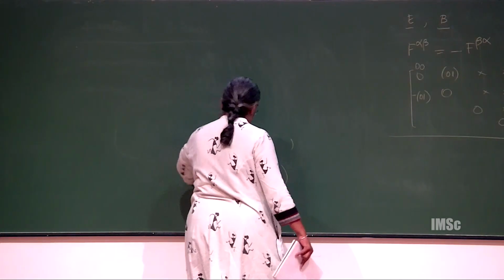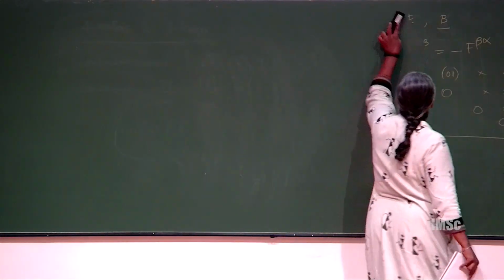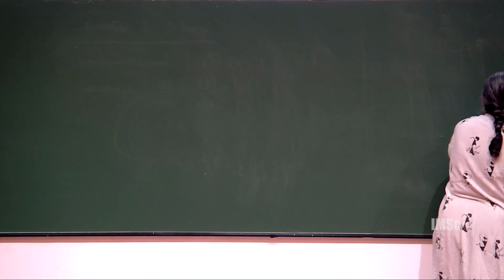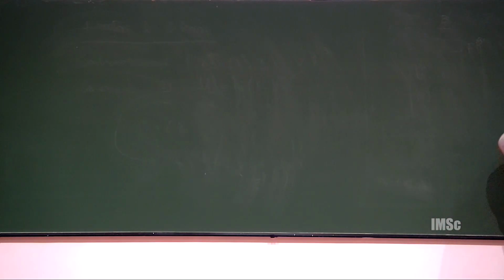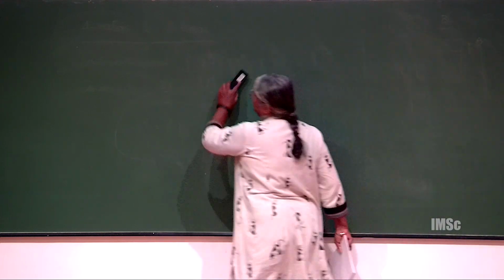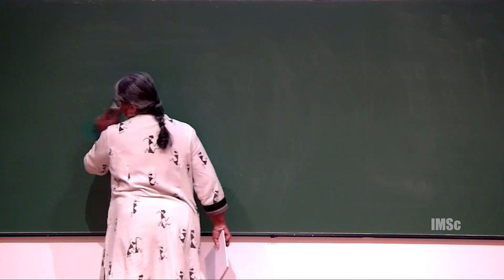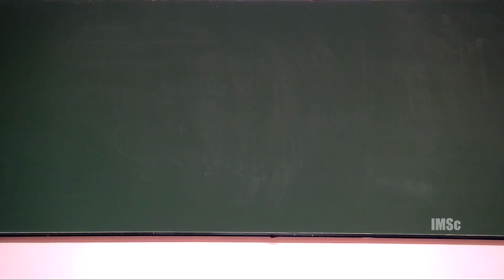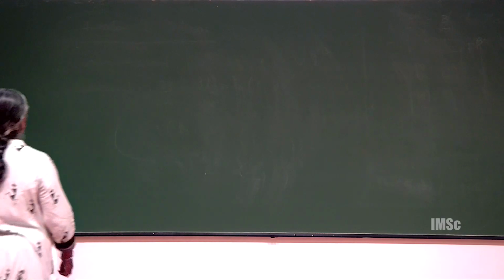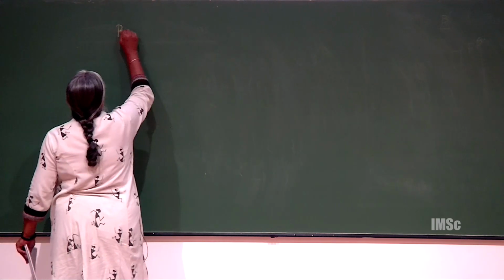When I rewrite the Maxwell's equations in 4 vector form, at least you should know them, right? So this is all right, right? There are no questions on this? It's all okay? Fine. So here is a brief review.